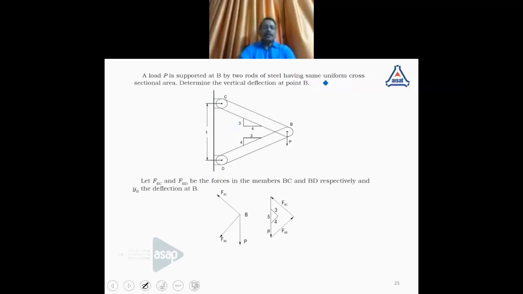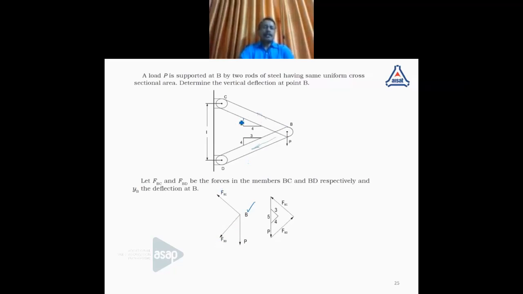If you draw the free body diagram of the point B, it will be like this. The load P will be acting downwards. The force on BD will be acting in this direction, and force BC will be acting in this direction.